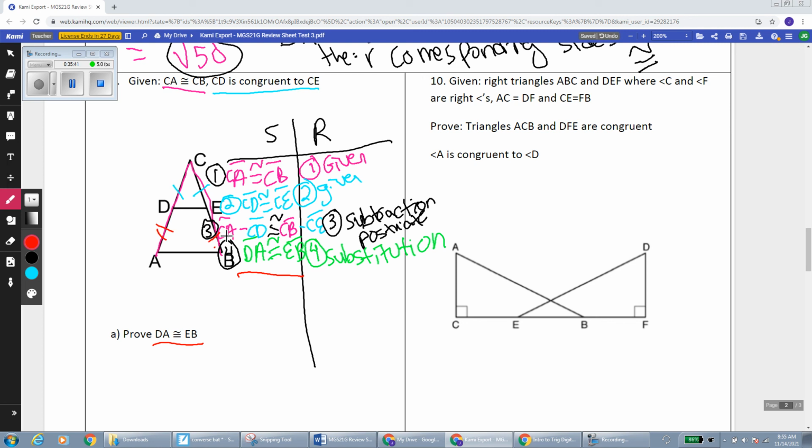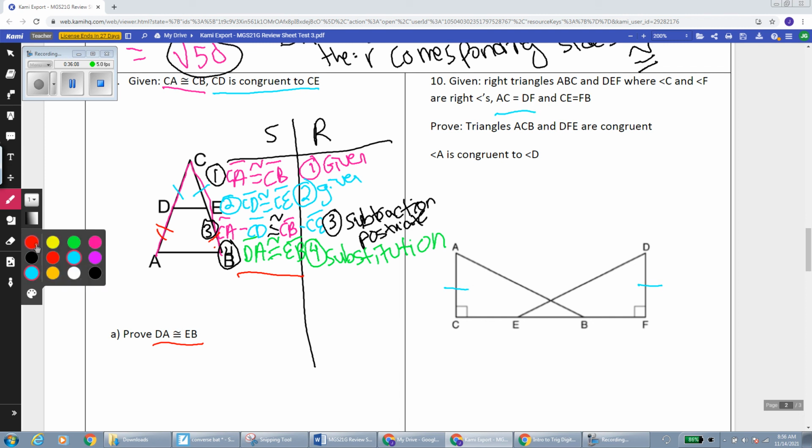So in number 10, we are given right triangles ABC and DEF, where angle C and angle F are right angles. Wow, they already give us all that information, so we don't have to draw any conclusions. It's already here. And they tell us that AC is congruent to DF.